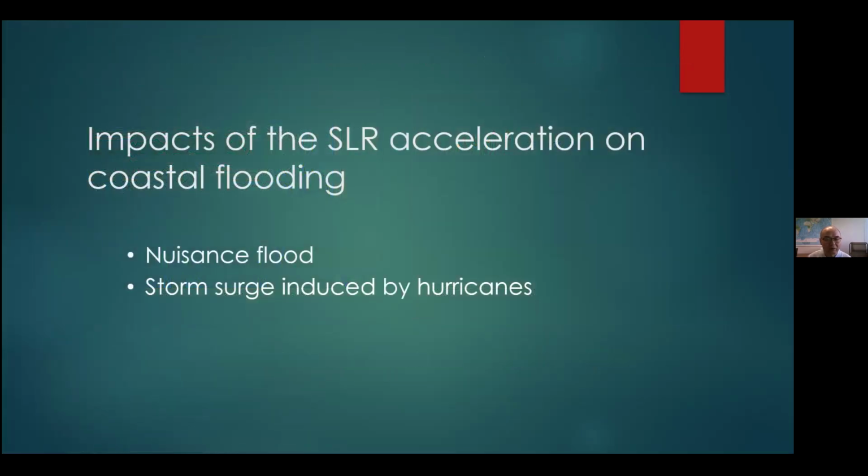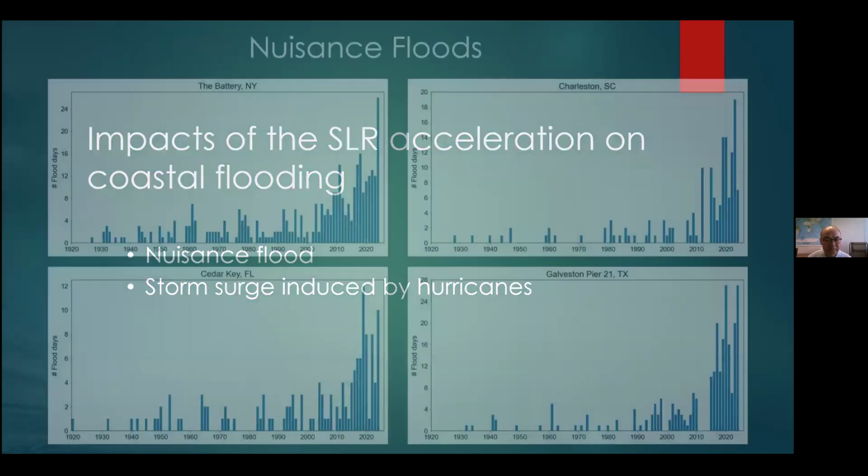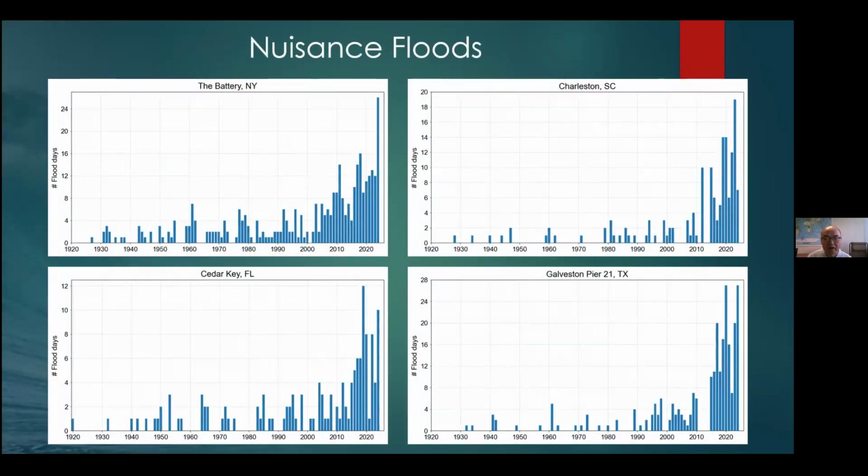Okay, so next I want to talk about the impact of the sea level rise acceleration on coastal flooding. I will focus on the nuisance floods and also the storm surge flood. The nuisance flood is also called the high tide flood, sunny day flood, or minor flood. The National Ocean Service set a threshold, so if the hourly water level exceeds that threshold, a nuisance flood occurs on the coast.